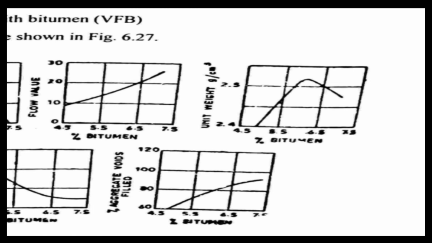That means once the entire specimen sample is saturated, with the voids filled up with the bitumen, still, if there is an increase in the bitumen content in that sample, it will decrease the unit weight, because the specific gravity of the bitumen is less compared to the other ingredients of the aggregate mix.